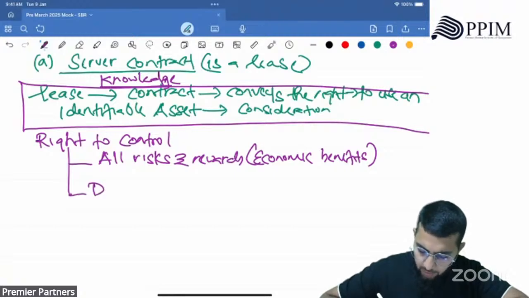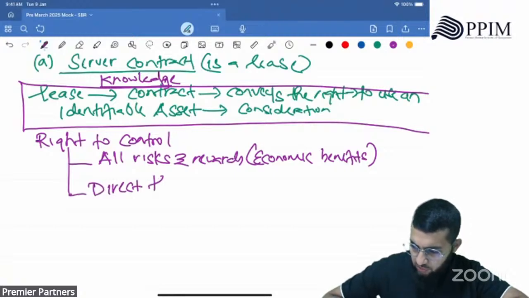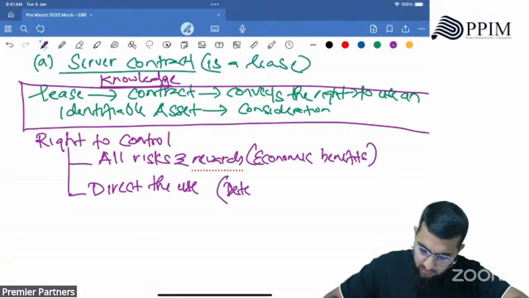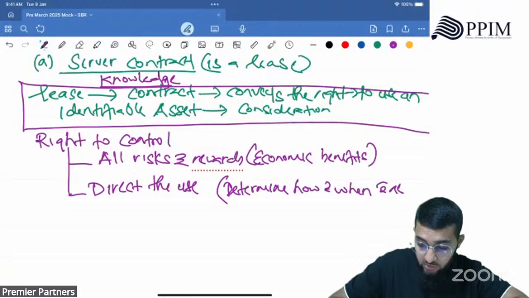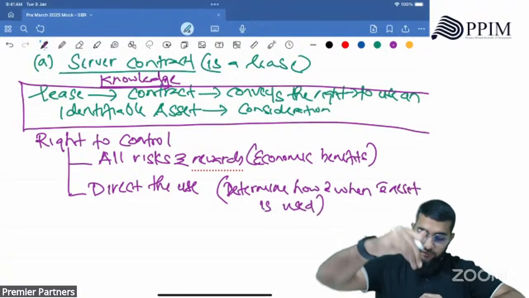Then you should be able to direct the use, meaning determine how and when the asset is used. Still, I'm bringing in only the definitions, right?